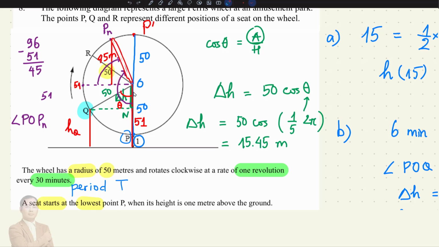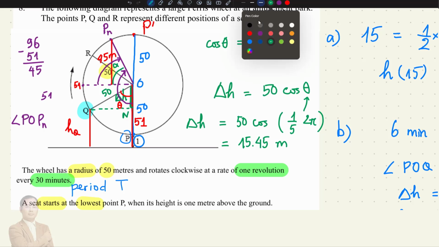We know the hypotenuse, the radius, is 50 meters, and the opposite side for this angle is 45. Let's call this small angle alpha. Let me use a different color to indicate angle alpha.